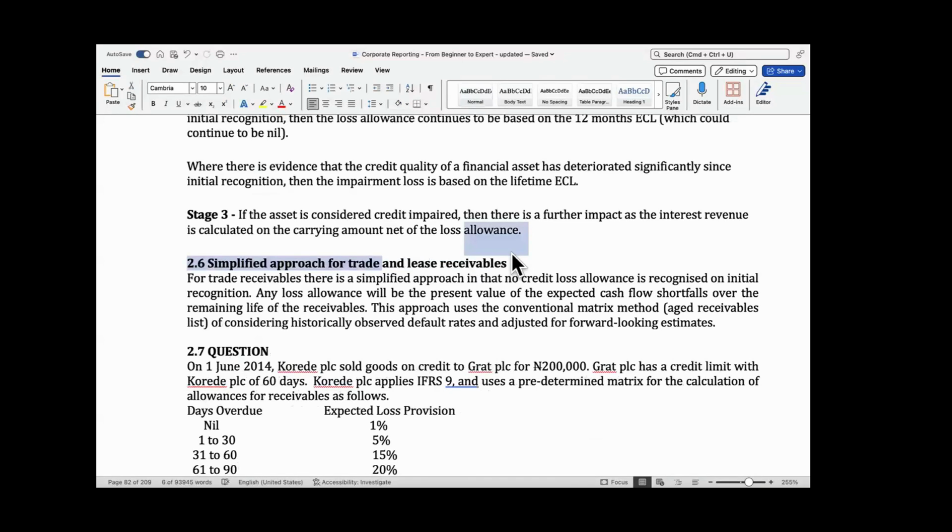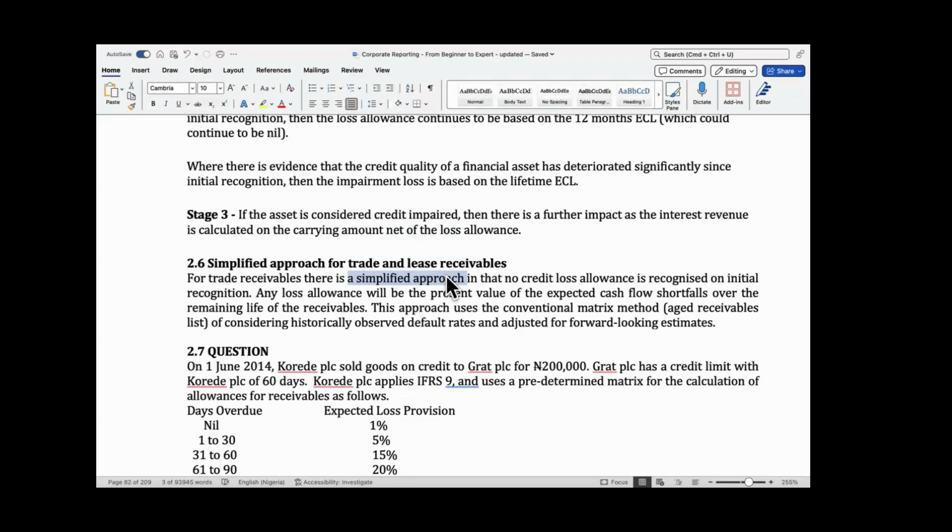So IFRS 9 allows a simplified approach for trade receivables. In the sense that you don't have to follow everything I've taught you so far. So you don't have to be doing 12-month ECL and all of that.